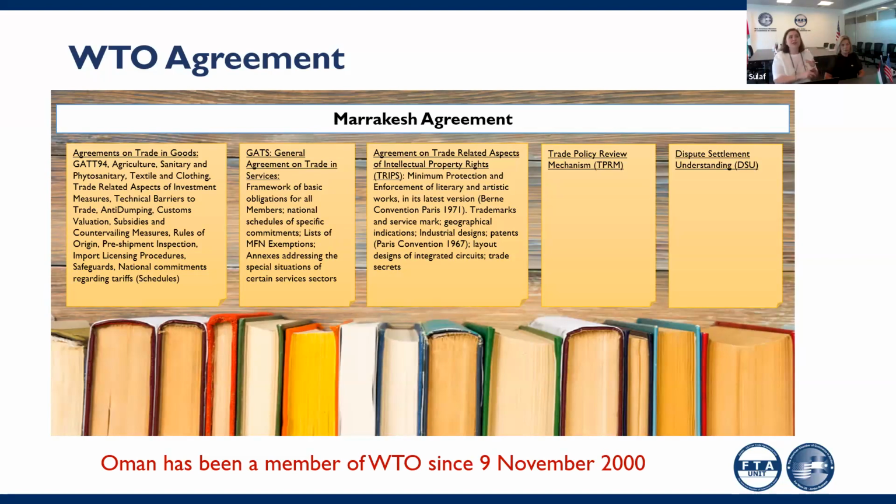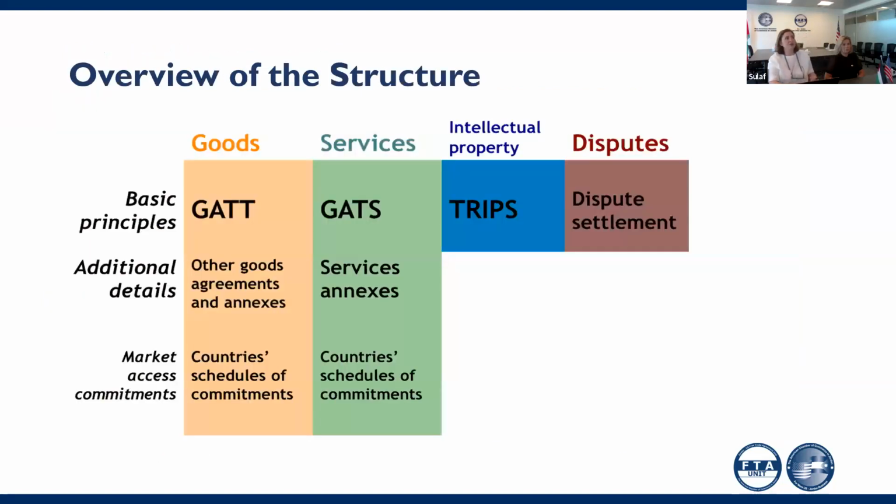So we have the services, the goods, the trade-related aspects of intellectual property, and the trade review mechanism, as well as a dispute settlement mechanism. This is unique in the global relations, that the agreement does have a mechanism where countries can resolve their challenges through dispute resolution.